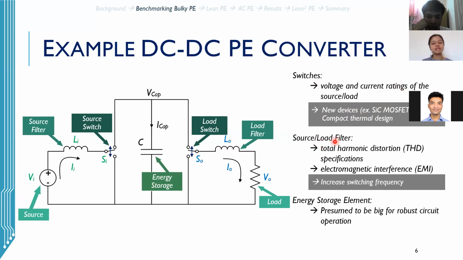The second component, the load and the source filters, are typically specified in order to meet the specifications of the source and the load, which may be in the form of THDs, EMI performance, and so on. As we increase the switching frequency, the size of these source and load filters can be reduced. The final element is the energy storage elements, and typically these are presumed to be big for robust circuit operation. So the question that we would like to ask is, can we do something better?